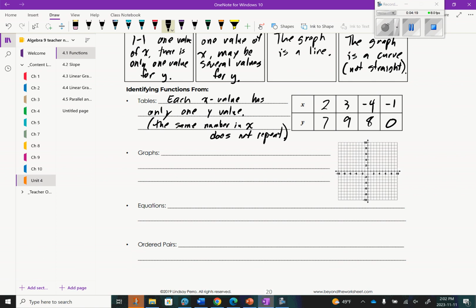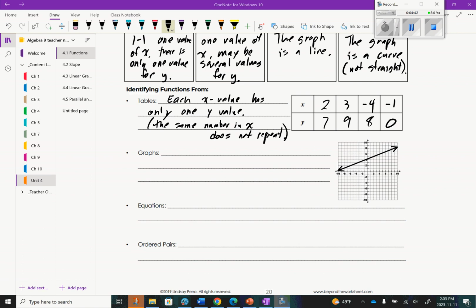What you're looking for in a table of values here is whether or not that same value of x repeats. In this case, our table only has 4 x values, and they're different x values each time, so this would qualify as a function.